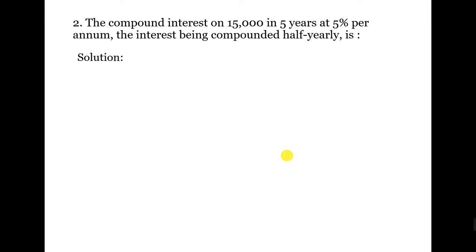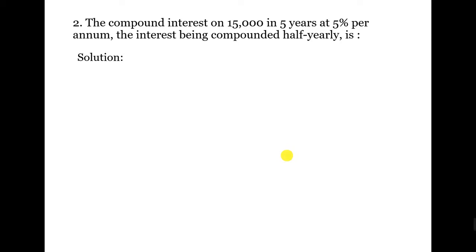For example number 2, the compound interest on 15,000 in 5 years at 5% per annum, the interest being compounded half yearly, is... so we're looking for the interest of 15,000.